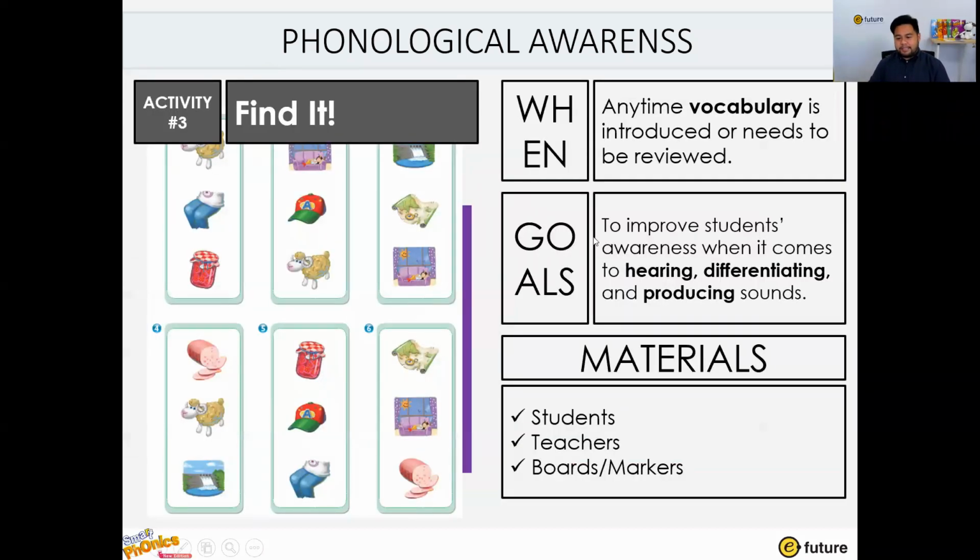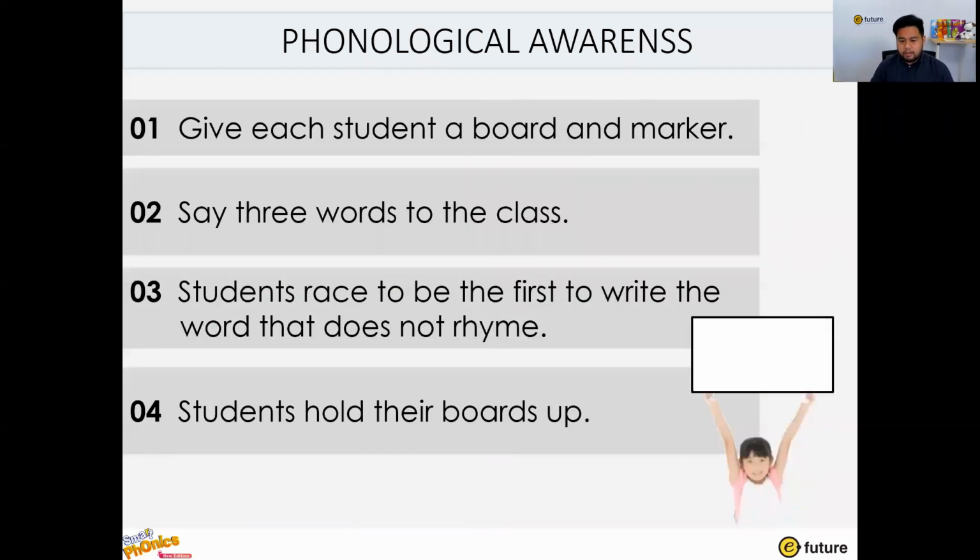And then find it. So again, this is working on when vocabulary is being introduced, and again, working on hearing, differentiating, producing. This one includes a little bit of writing as well, or you can incorporate writing. Each student gets their board and marker, and then you can say 3 words or read a list of words, however much your students can handle.